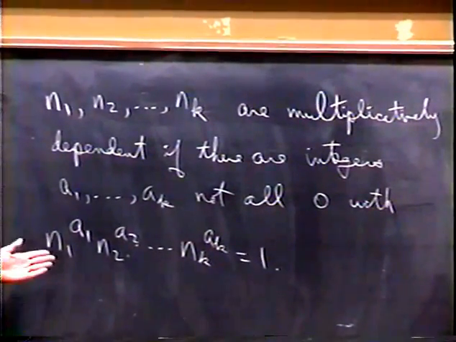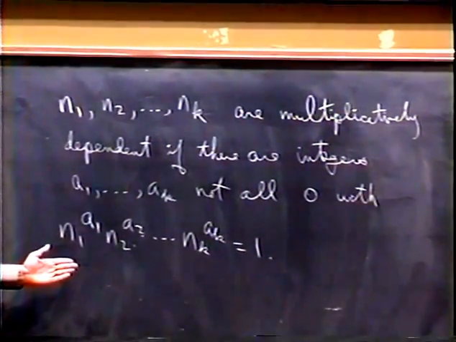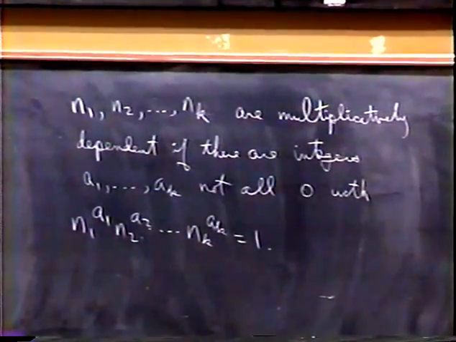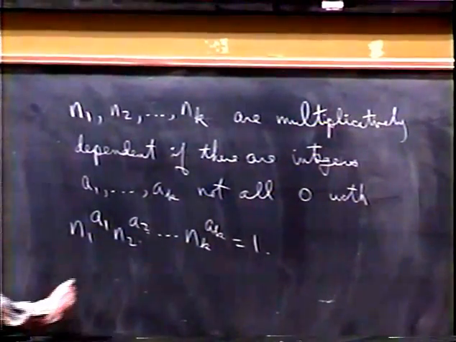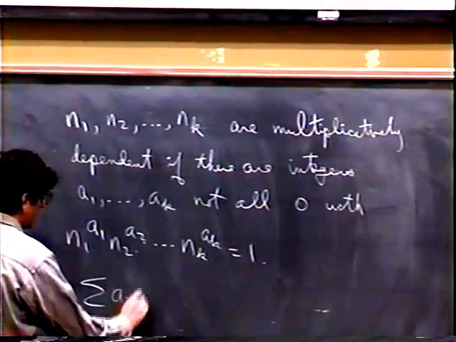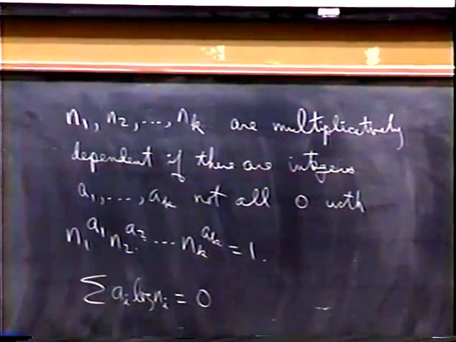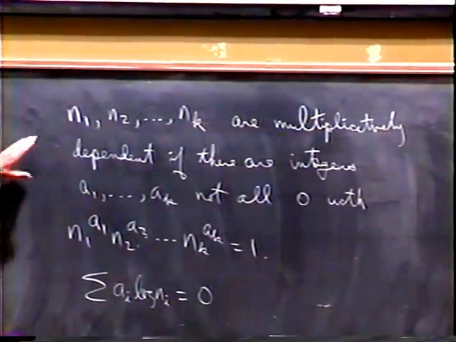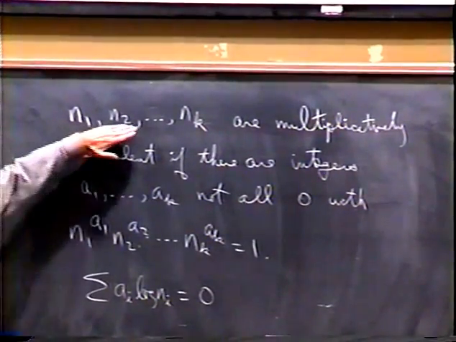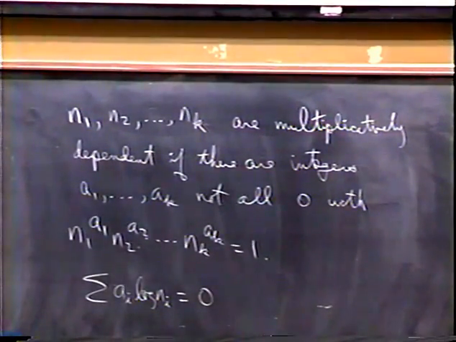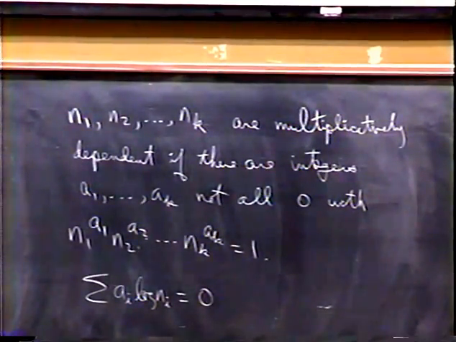You just take logs. So this equation, this product equals 1, if I take logs, it's just saying the summation of ai log ni equals 0. And so what this is saying is that the logarithms of n1 through nk are linearly dependent over the rationals.